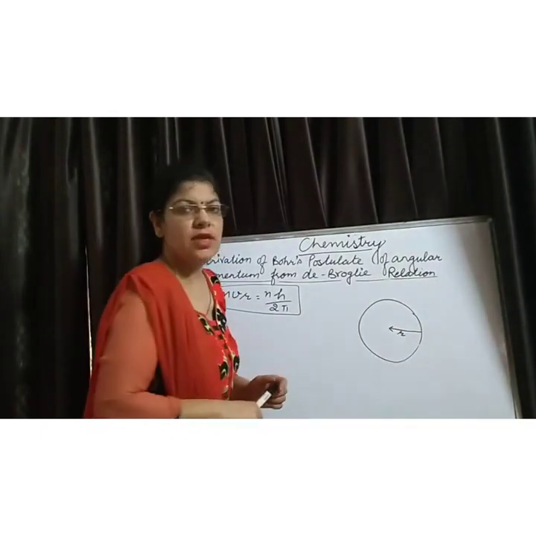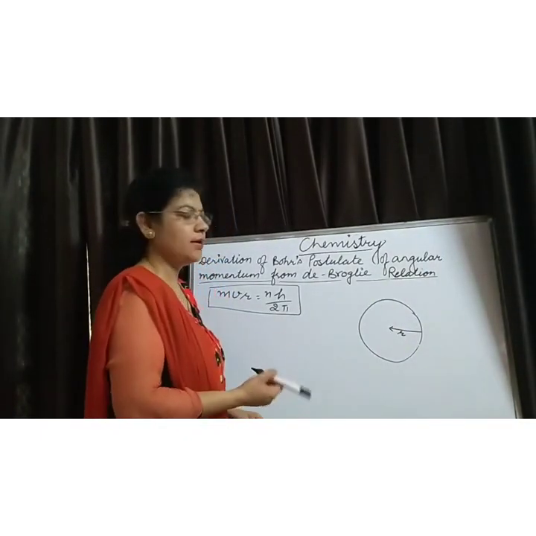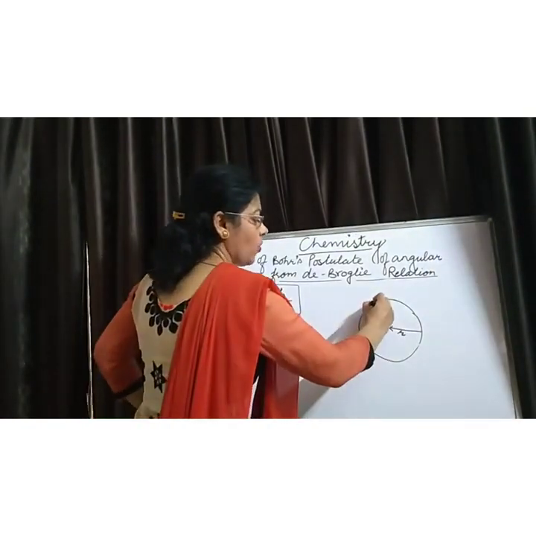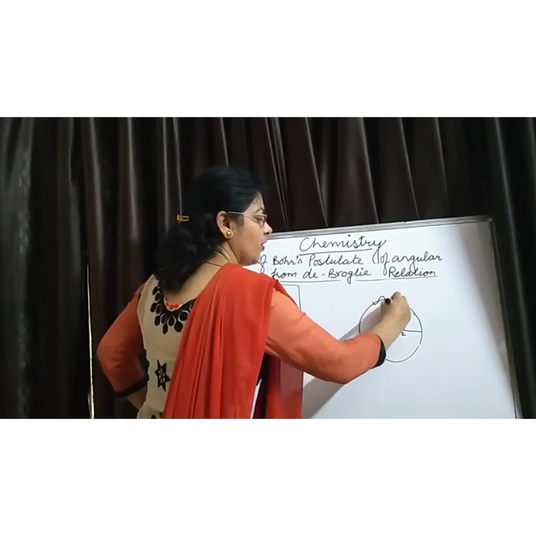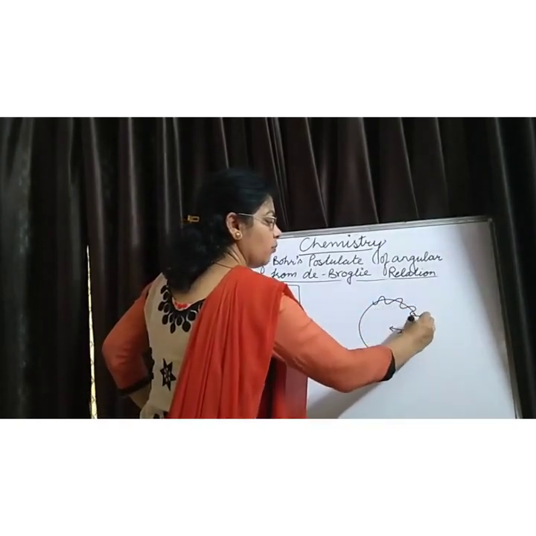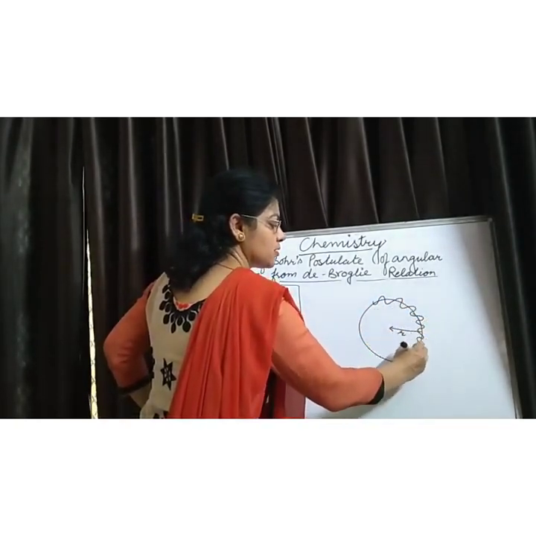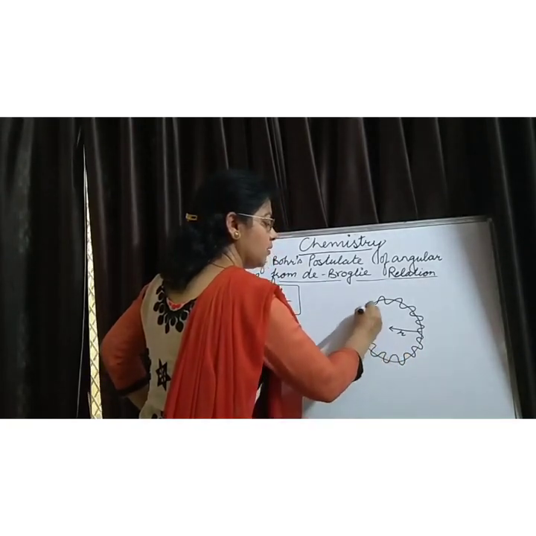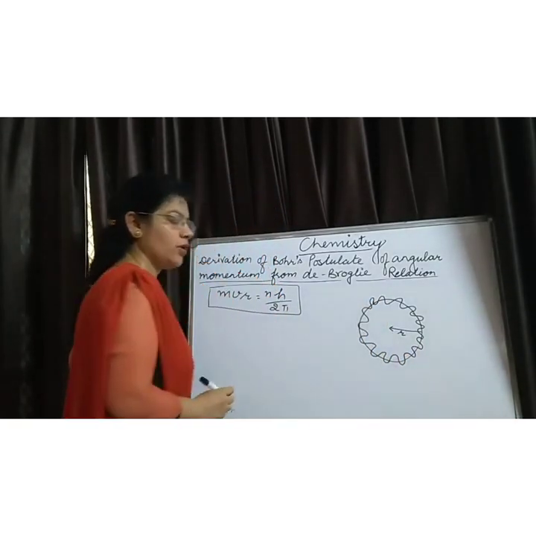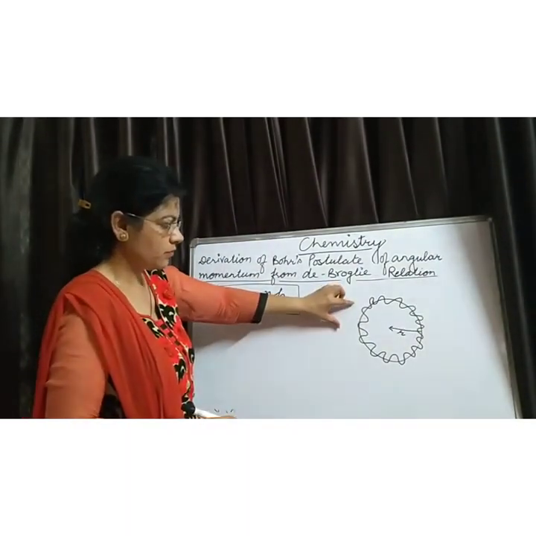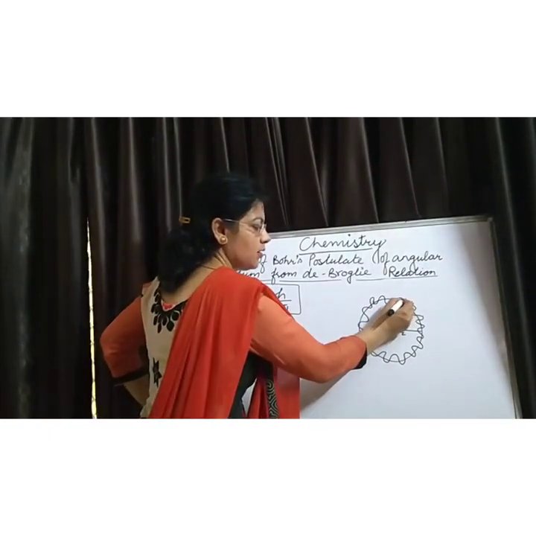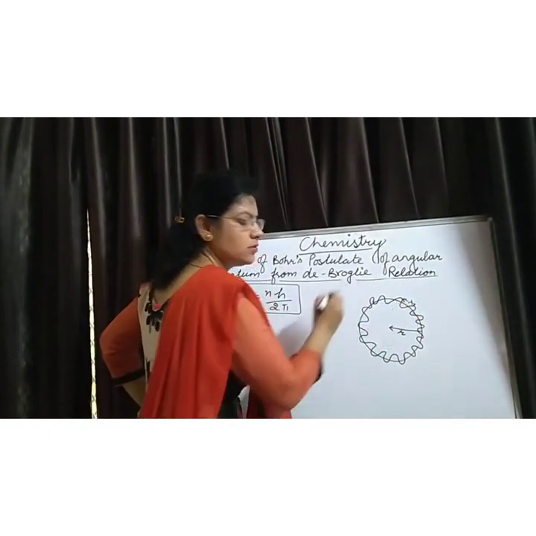If electrons have wave character, then in this circular orbit they will move like a wave, like this. This is the wavelength of the wave.